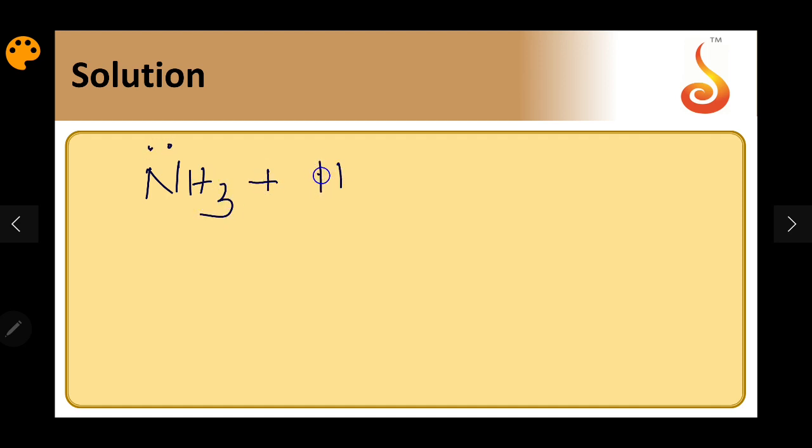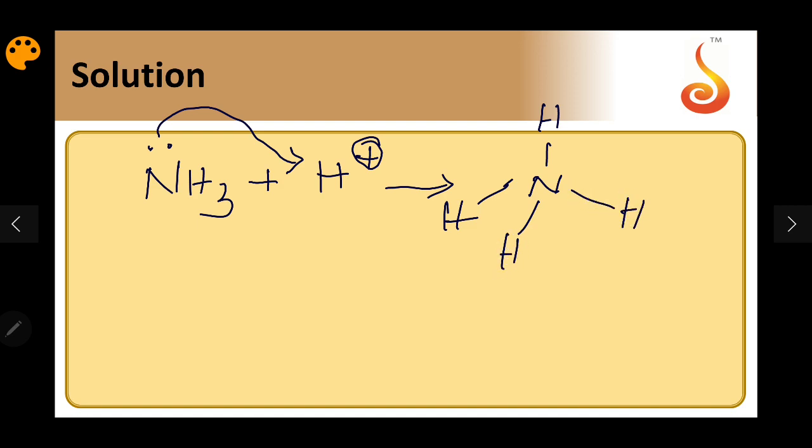When I add any acid, H+, the lone pair of nitrogen is given to H, forming a coordinate bond. So it forms NH4+, a tetrahedral species.